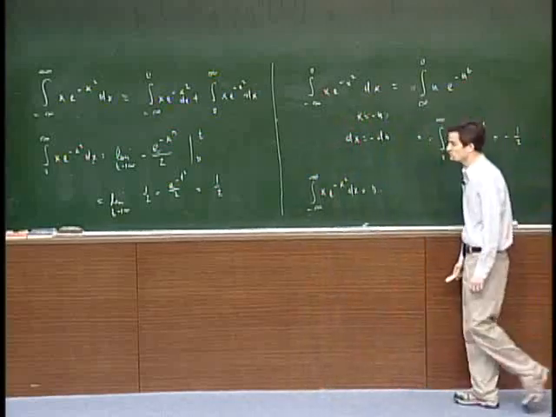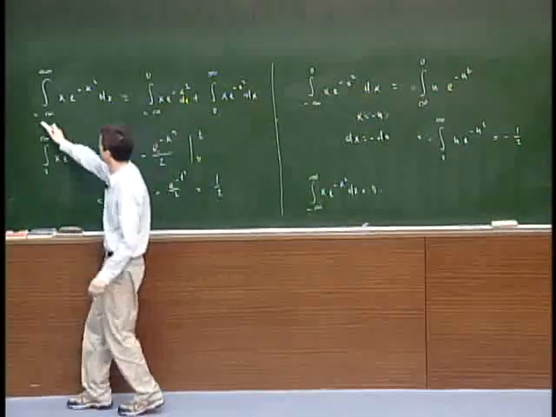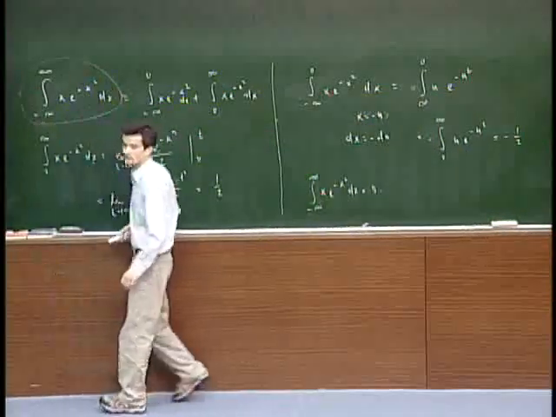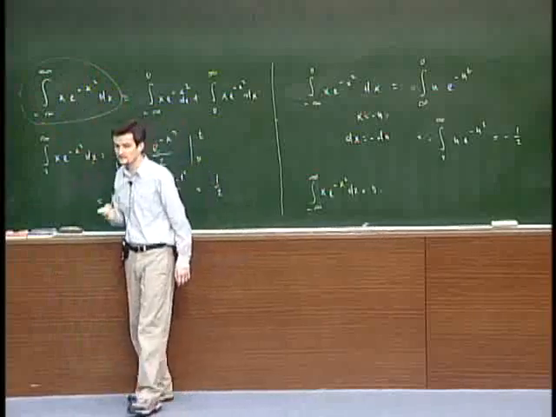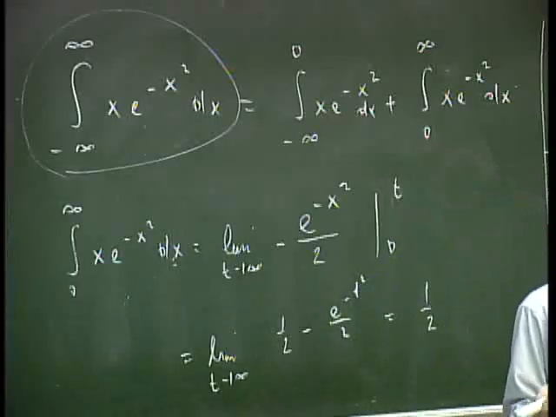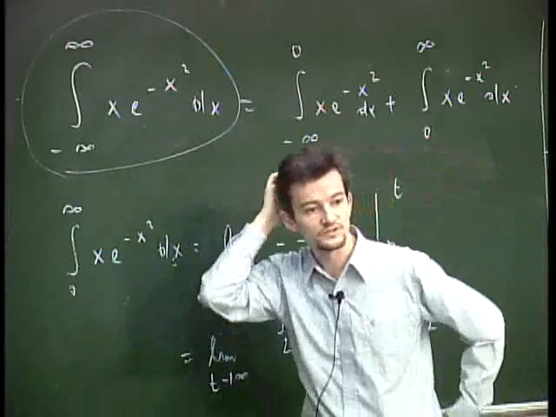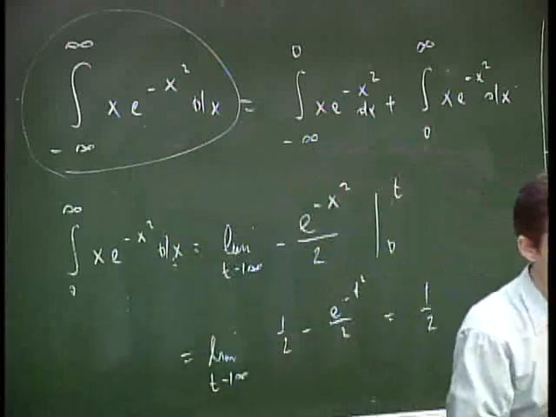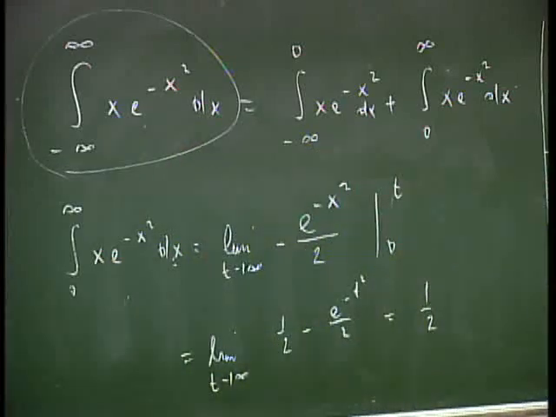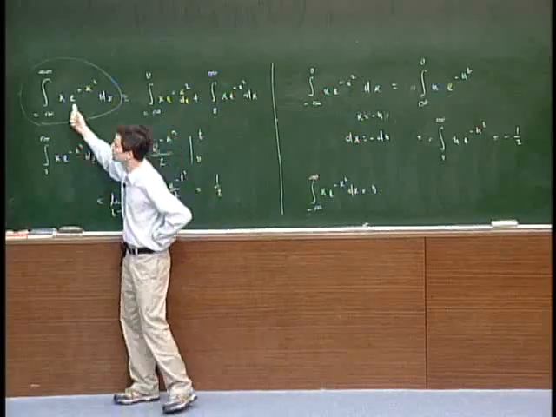I should stress, if you see such an integral, of course you could say, you look at the integrand, the integrand is an odd function, so the integral should be equal to 0. This kind of reasoning is not always correct. What is the problem with this kind of reasoning? You say this is an odd function.